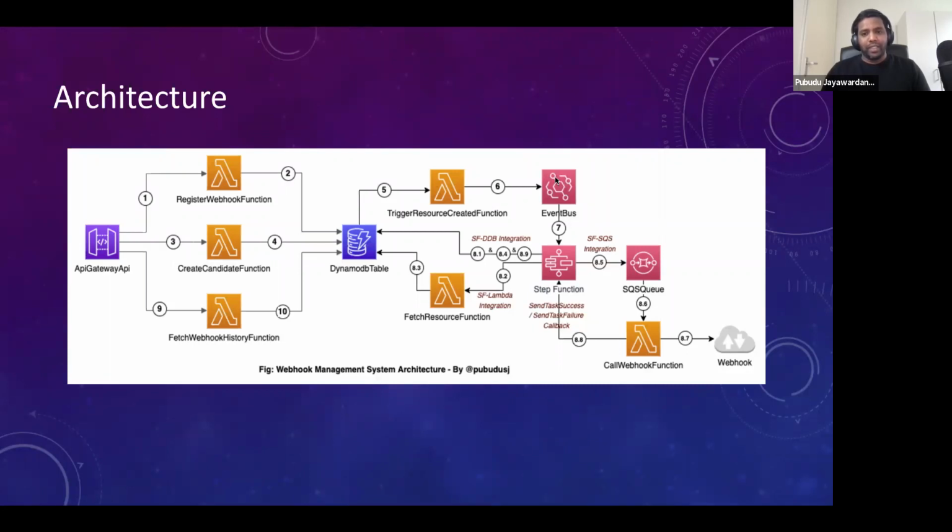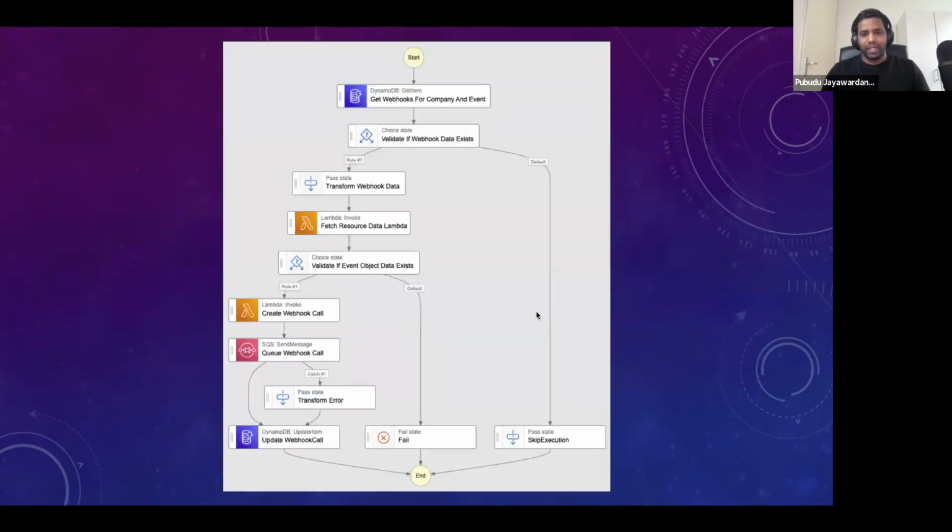So in the event bus, there's a rule that triggers this step function, or sets the target as the step function, which says, okay, when a message comes as a candidate created event, then this step function needs to be executed. So within the step function, there are integrations to the DynamoDB table, Lambda, SQS, etc., to send out the webhook.